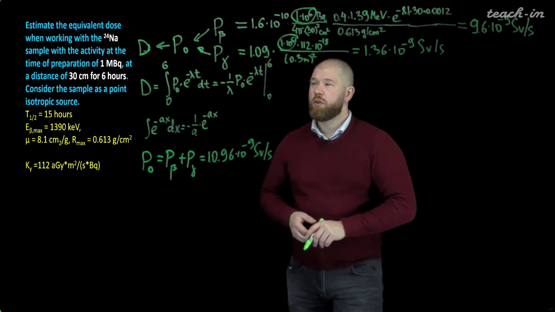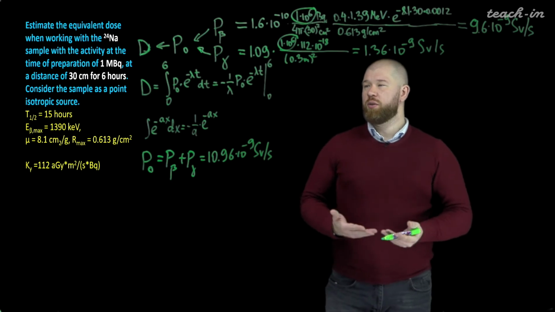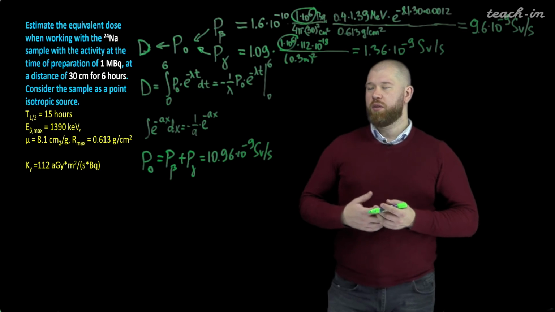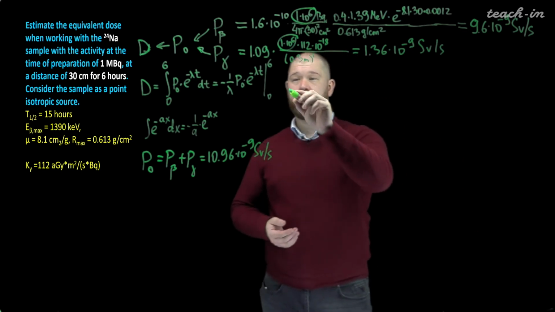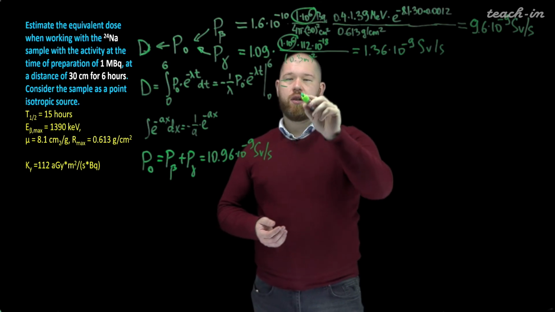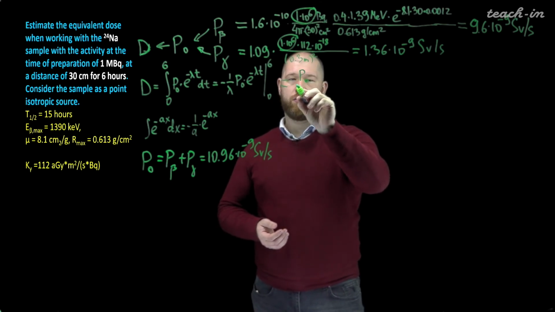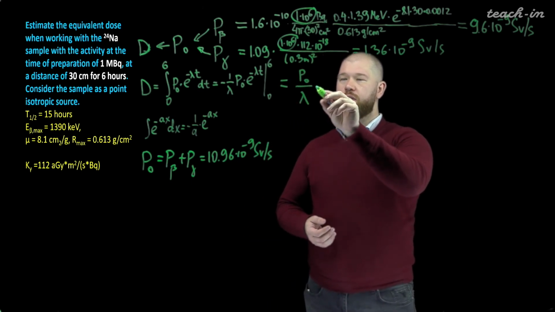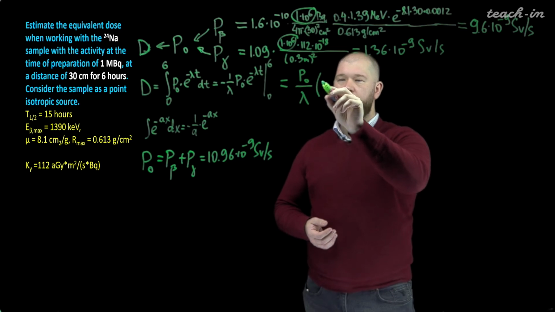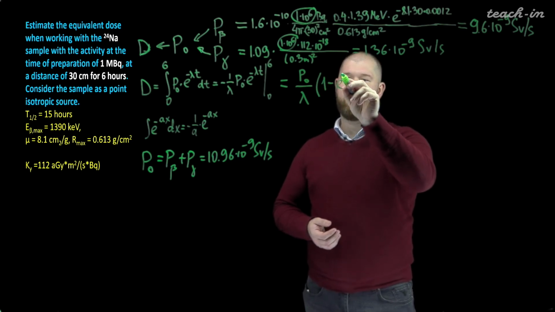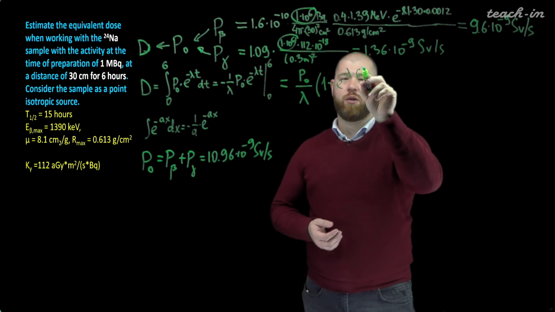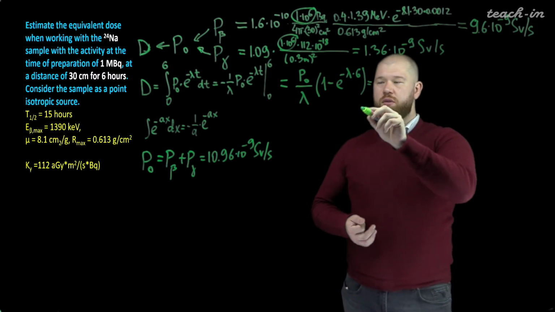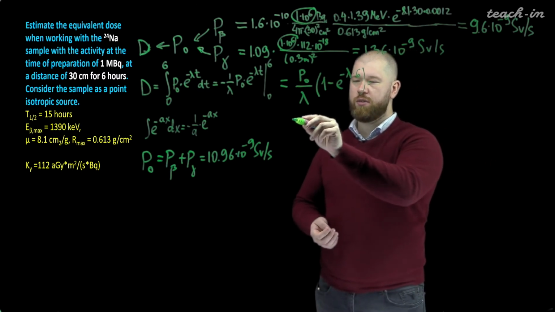Now we have everything to calculate the dose that we will get during the 6 hours of working operation. If we write this equation further, it will be this multiplied by 1 minus exponent of minus lambda multiplied by 6 hours. So I write it here.